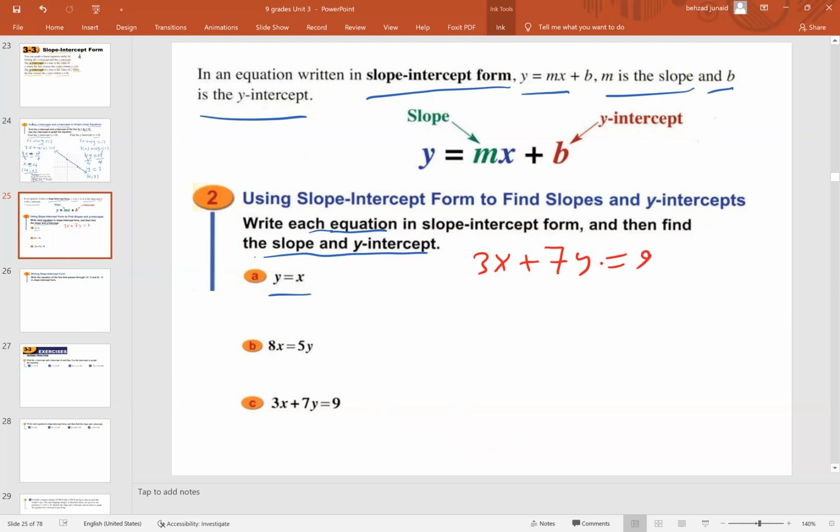We're going to isolate y. First, you're going to subtract 3x from both sides. You can cancel 3x with negative 3x. 7y equals negative 3x plus 9. And then divide by 7.